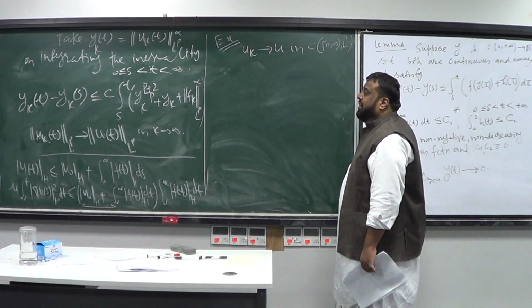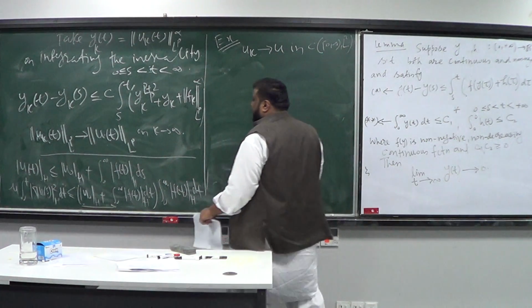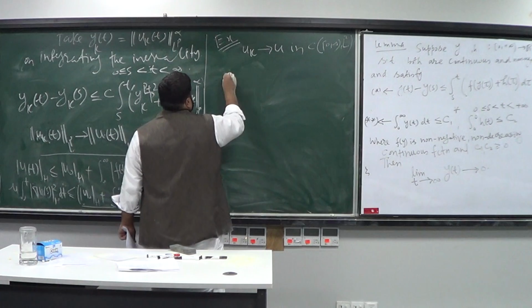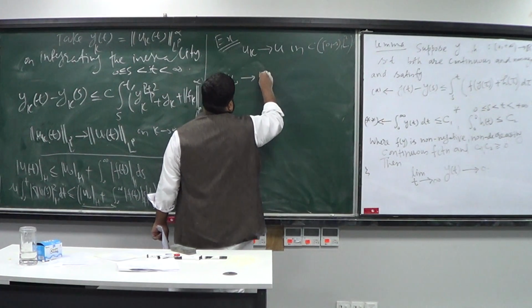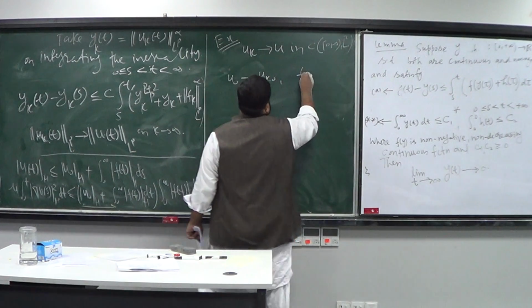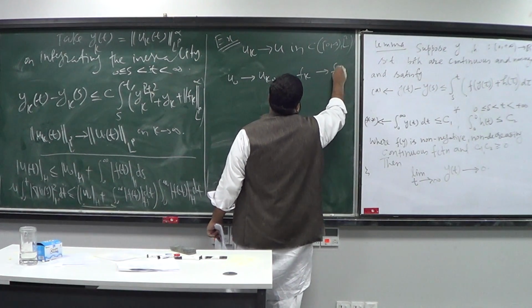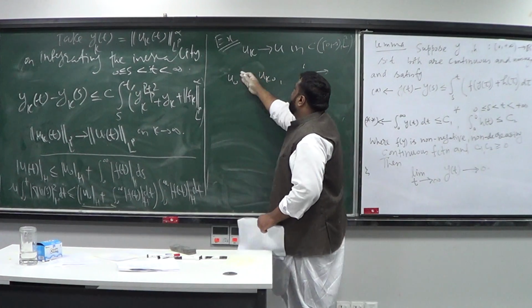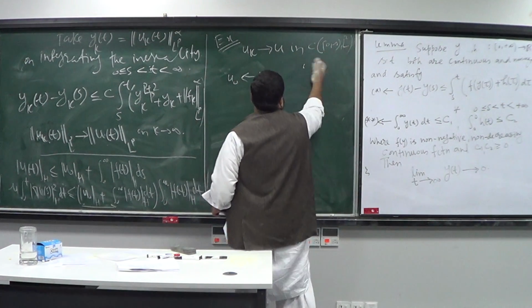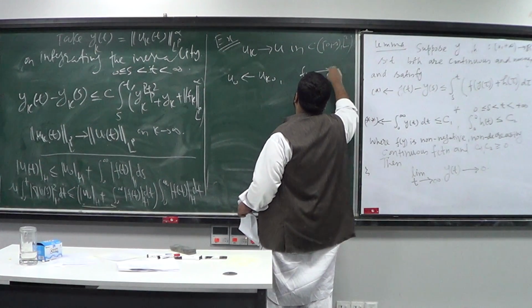Why? Because you already have convergences. You need to keep in view the convergence of u_k naught to u naught, and f_k converges to f actually.